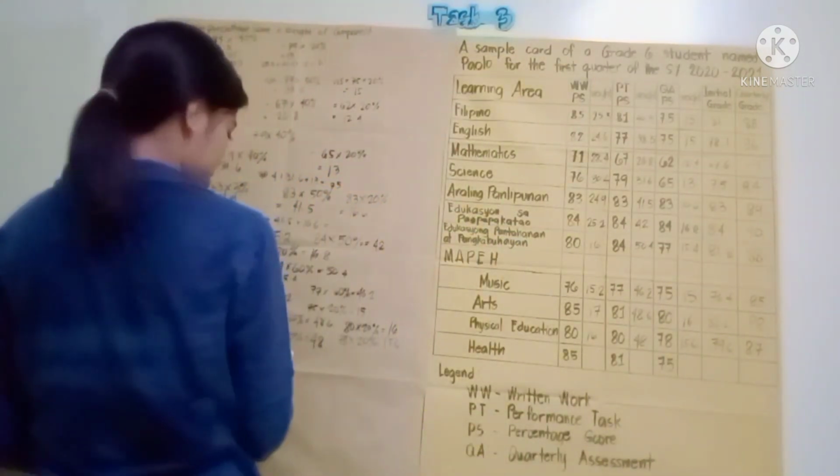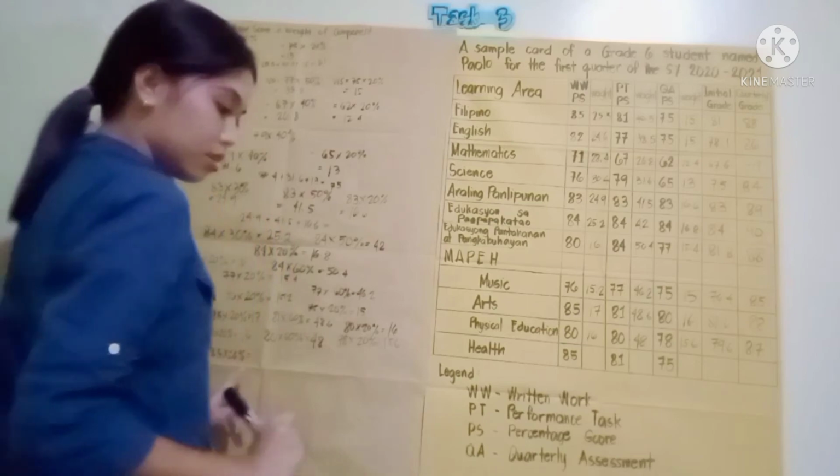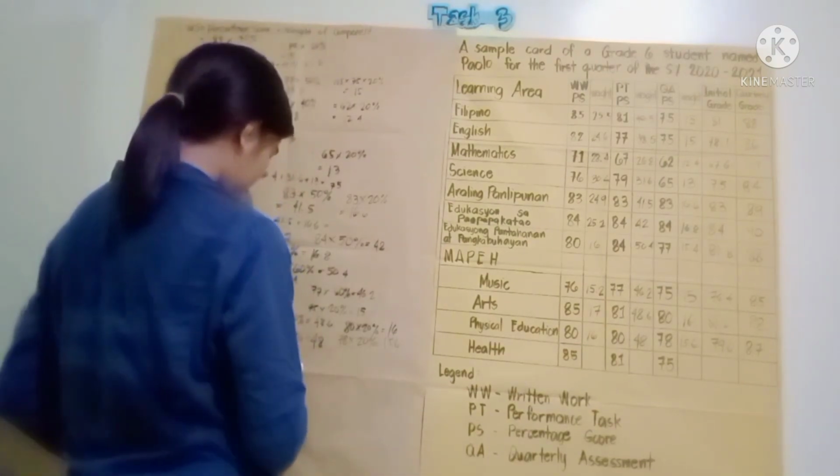Next is in health. 85 times 20% is equal to 17.